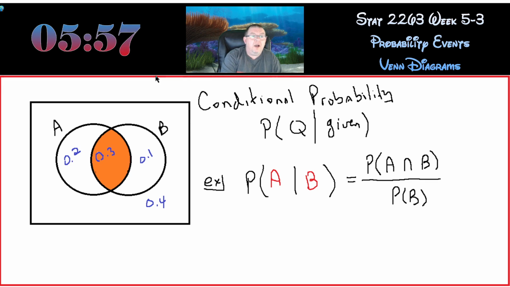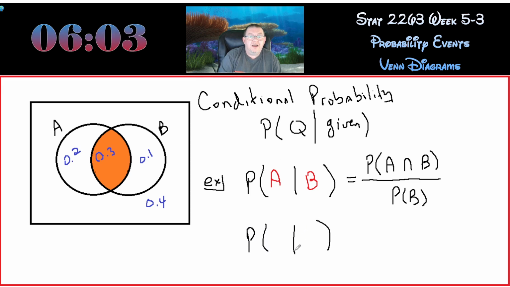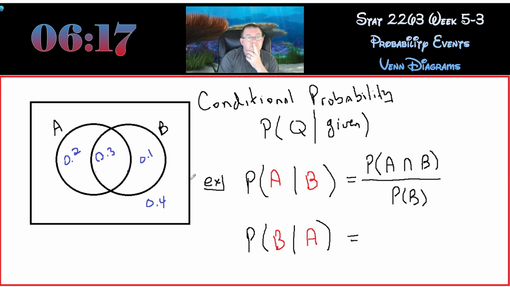Okay? Now, I do want you to note here, what if the question was the other way around? What if I asked, what's the probability of B given A? So to do the probability of B given A, what do I know is going to happen? I know A is going to happen.